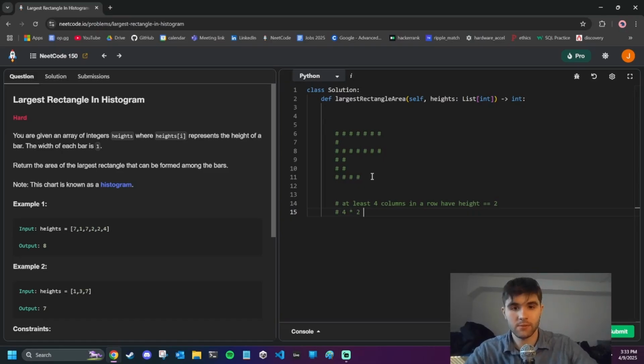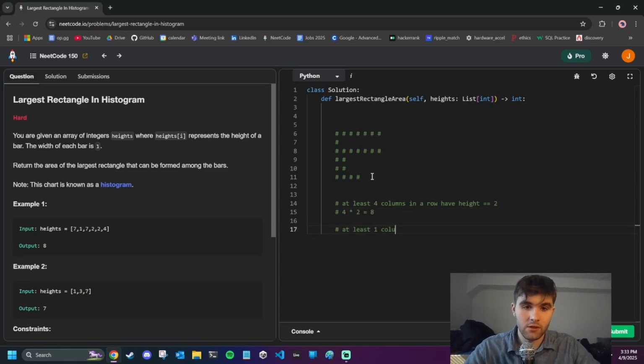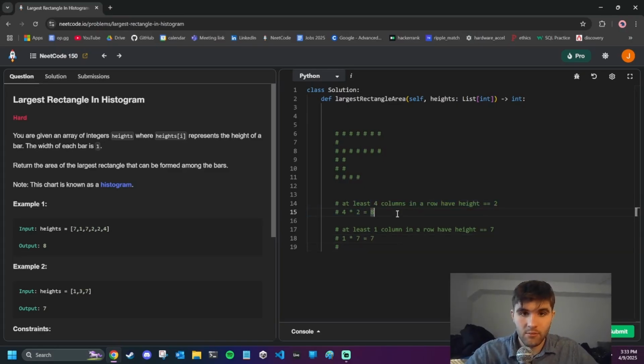So then 4 times 2 equals 8. We can also say at least 1 column in a row has height equals 7. So that's like 1 times 7.